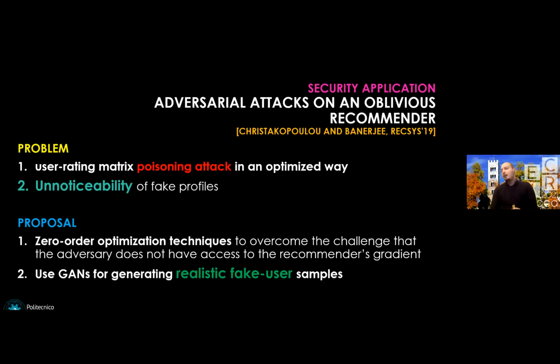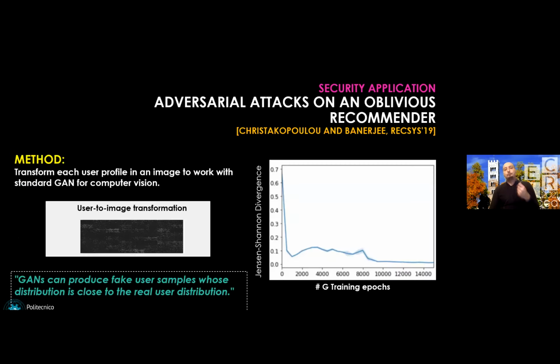Finally, since the authors do not have access to the recommendation model gradient, they derived a new algorithm based on the zero-order optimization approach. To hide these profiles, what the authors do is to transform the one-dimensional fake user profiles into two-dimensional vectors to exploit DCGAN.